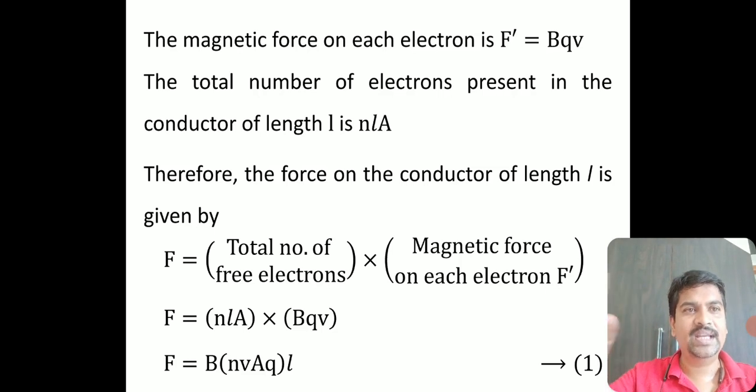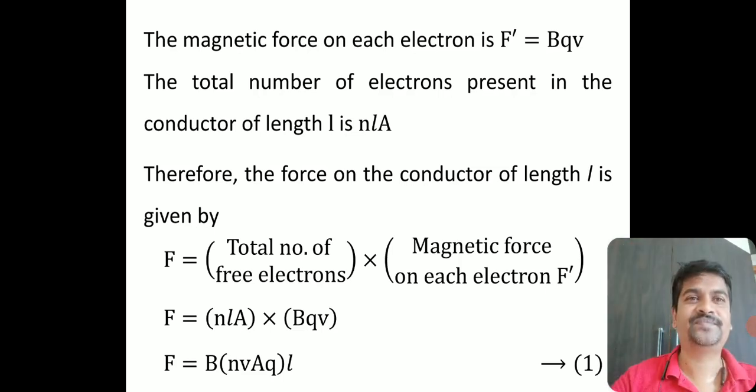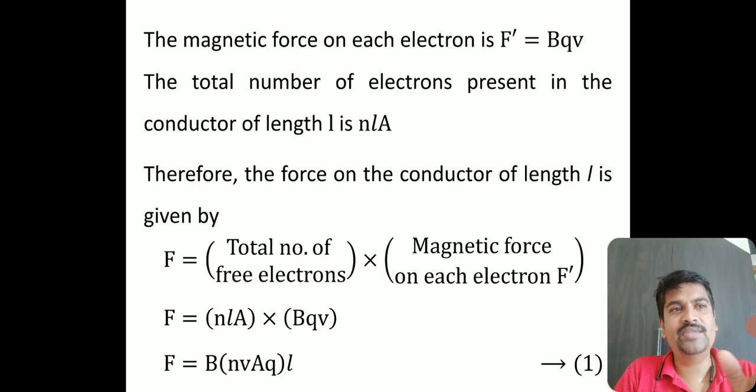I have many electrons moving in this conductor. I need to find out the total number of electrons. I know the electron density N is the number of electrons per unit volume. What is the volume of the conductor? The volume of the conductor is length into area of cross section. So NLA gives you the total number of electrons in the conductor.